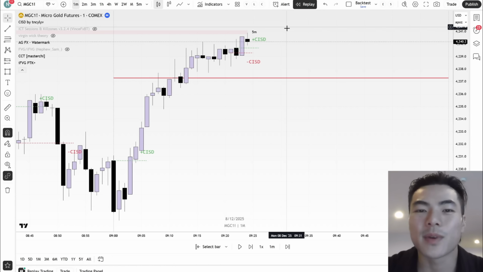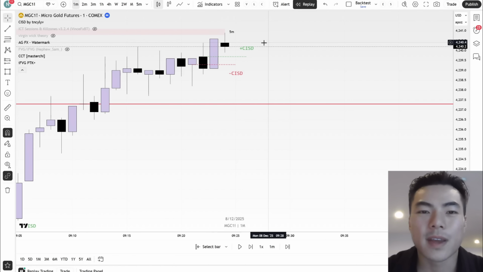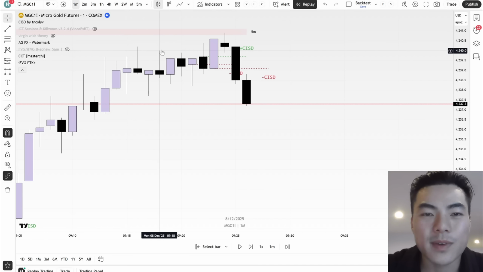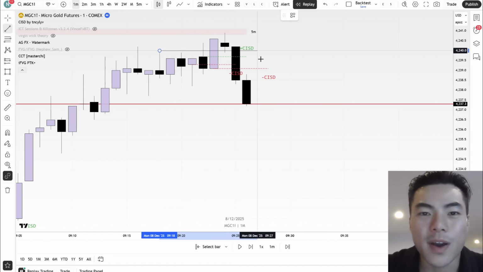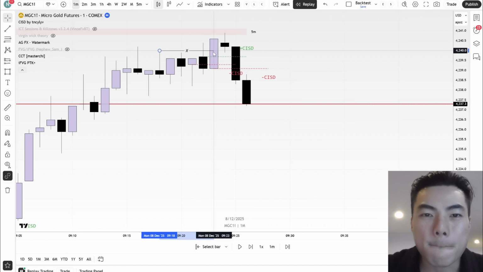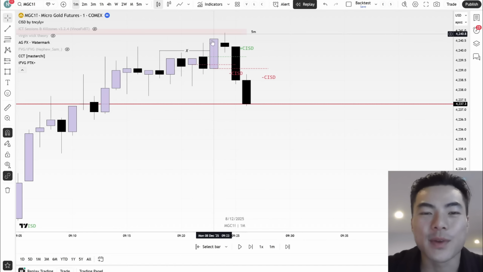Okay, bang, there we go. And so we've tapped into that gap, and where's our last stop hunt? So I would say this is the last swing high that got taken out by this leg.